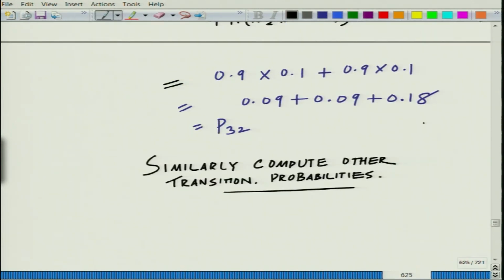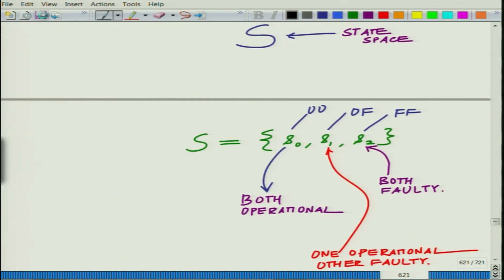Recall that for this problem with 2 machines we have 3 states, so n equals 3.